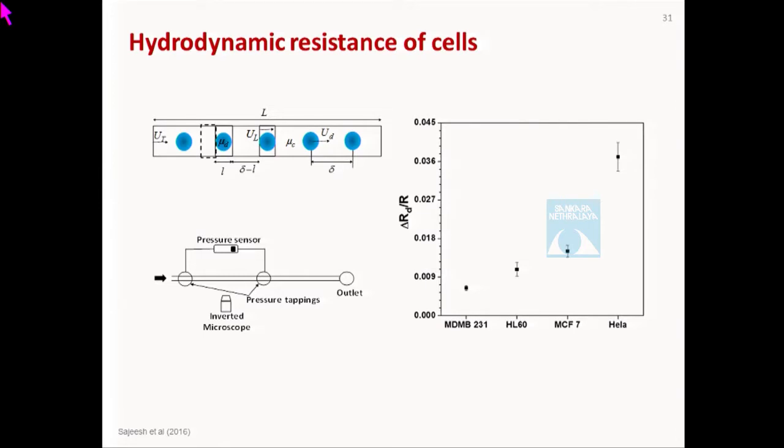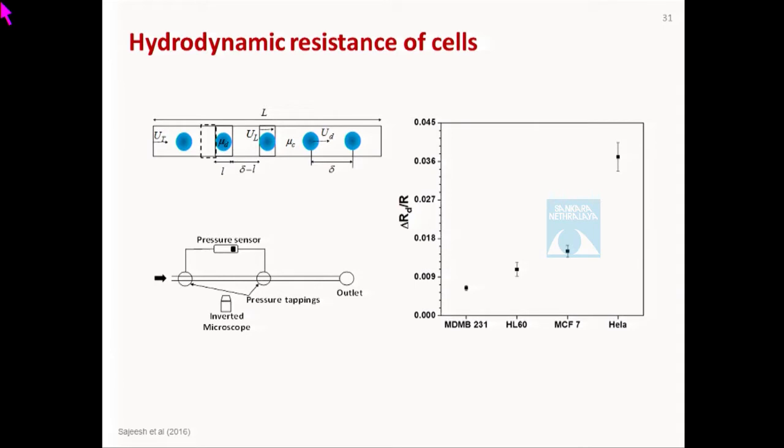When you have cells present, because of the hydrodynamic resistance, the flow actually reduces, the velocity reduces. And we want to know how this change in resistance is related to the size and stiffness of the cell. Now, size effect has been well addressed, so we were interested to know the effect of the stiffness of the cell on the increase in hydrodynamic resistance.